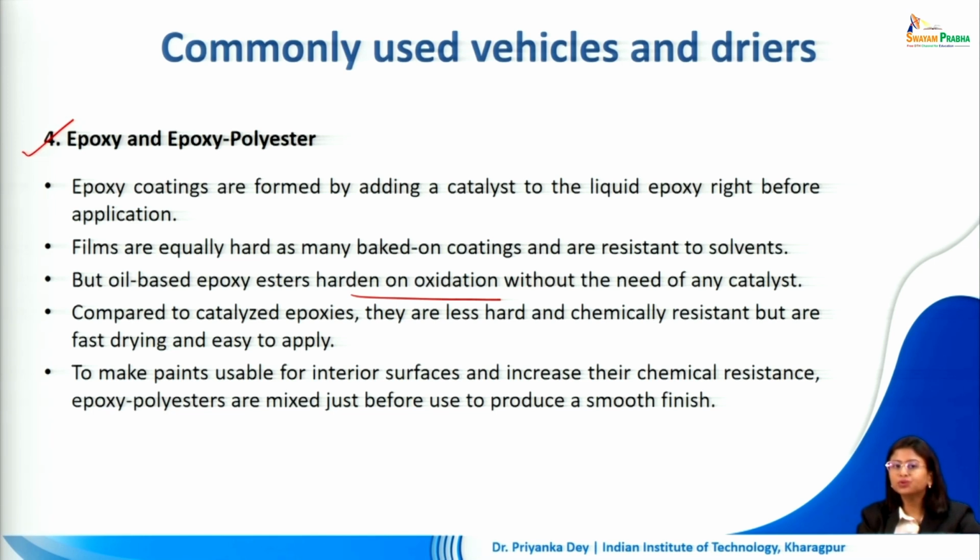Now, compared to the catalyzed epoxies, they are less hard and they are chemically resistant but are fast drying and easy to apply. Now, to make paints usable for interior surfaces and increase their chemical resistance, epoxy polyesters are mixed just before use to produce a smooth surface.